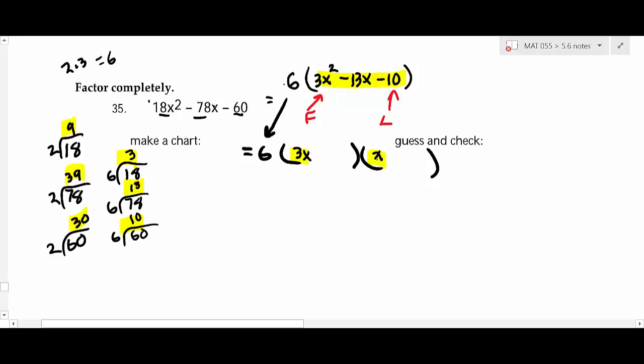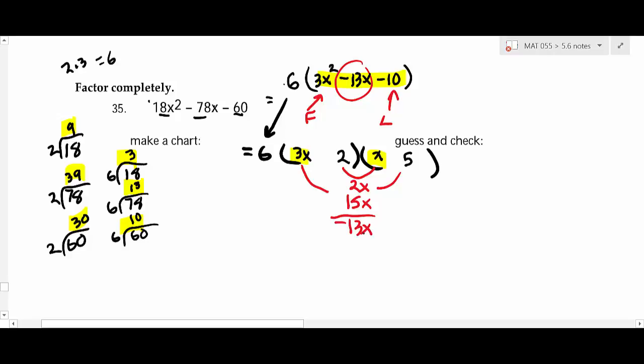What are the possibilities for 10? 1 and 10, 2 and 5. Let's try 2 and 5. Let's see if we can get that from there. Just put it in. Okay? Now what we want to look at is that term right there is going to be 2x when you multiply it. The outer term is going to be 15x when we multiply. What we're after is a negative 13x. So that'll work, won't it?